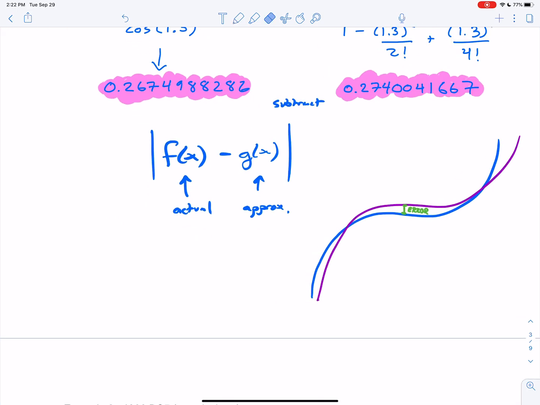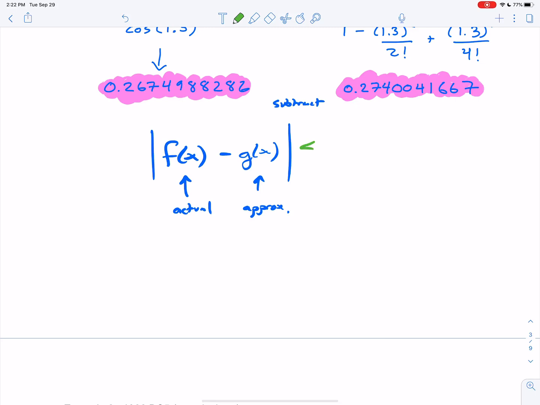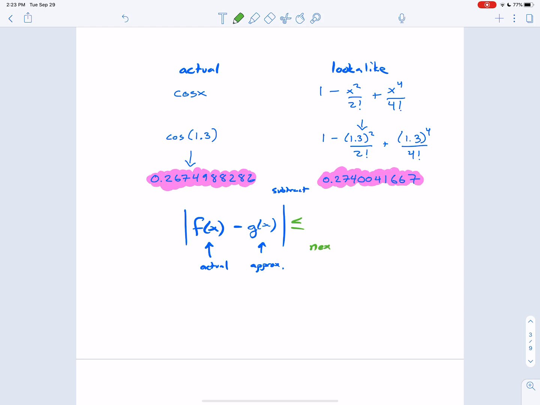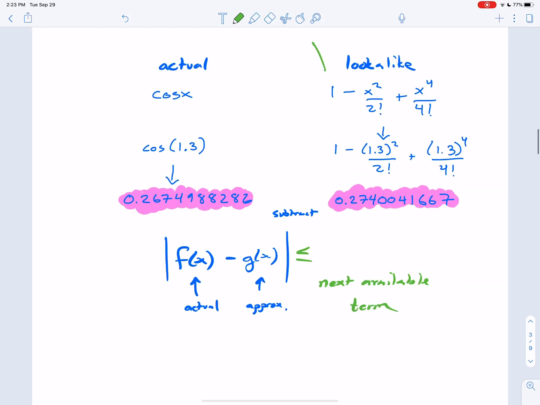So this alternating series error bound tells you that your error should not be anything more than the next term, the next available term. Notice how we used the first three non-zero terms. So the fourth term is going to be your maximum error.